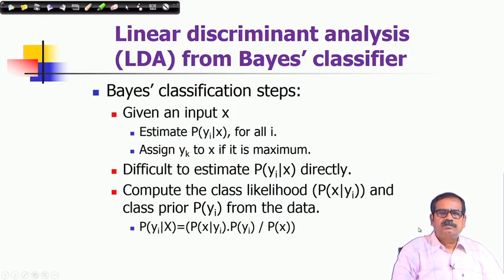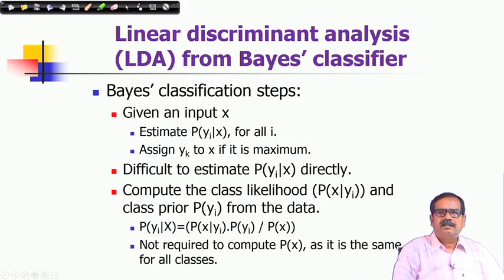This is how the posterior is related to them. Just to stress, we are not going to compute the probability of x, and that is why computing only those two factors is sufficient to perform this classification.